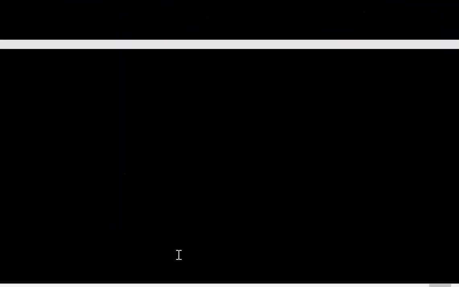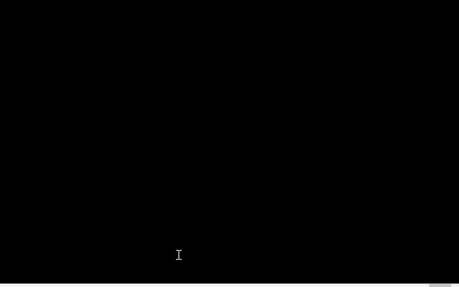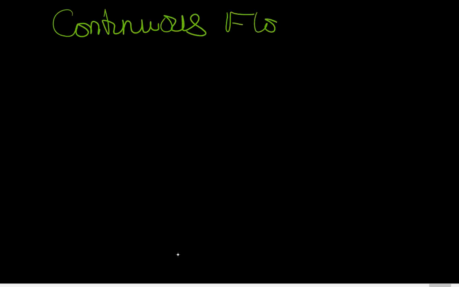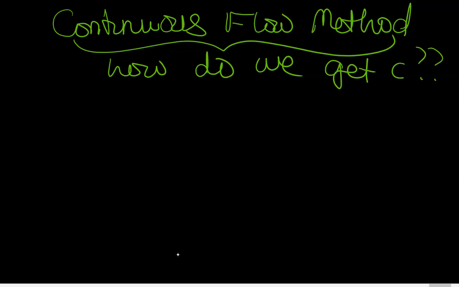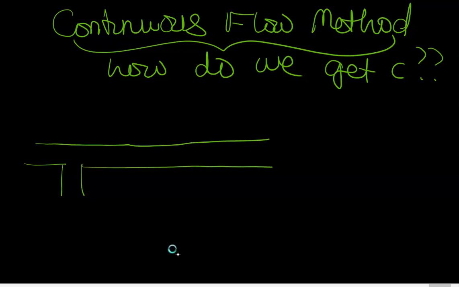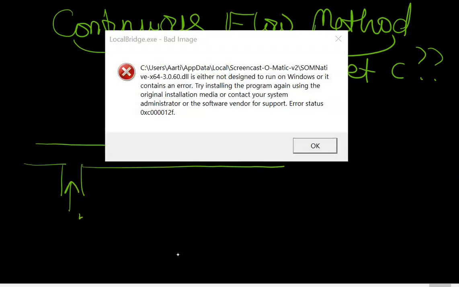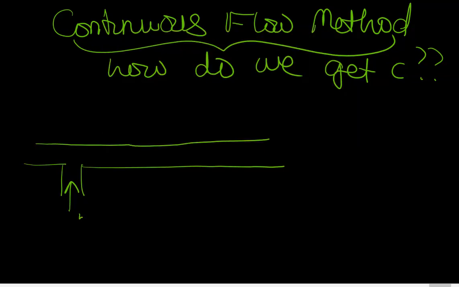Now let's look at another way that we could use specific heat capacity, and actually it's one of the experiments to determine specific heat capacity. Now this method is called the continuous flow method, and it is more ideally used at the Cape level, right? And the concept of this is, how do we get C, right? So the method basically uses a tube, and you have a certain mass of water flowing in, right?